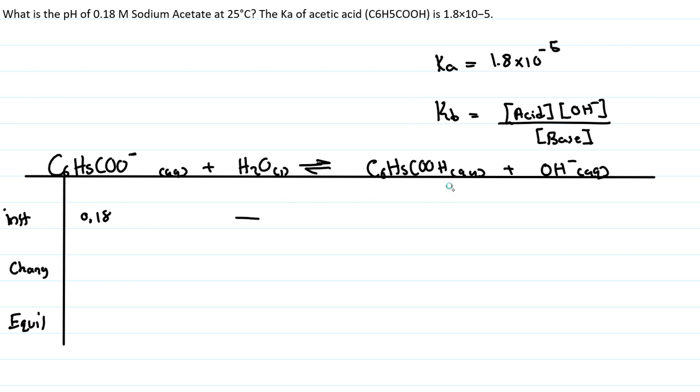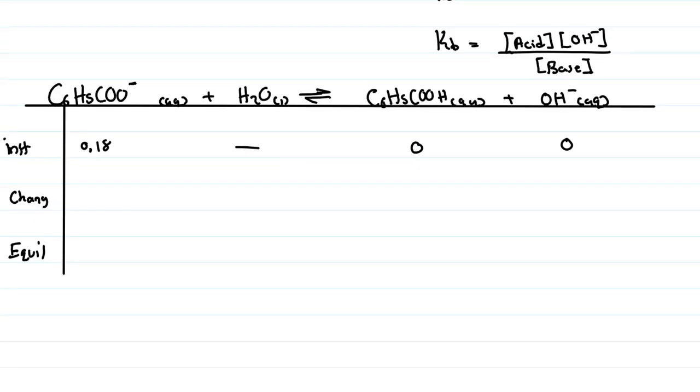Water is out, and we do not have the concentration of the acid yet, and the concentration of the hydroxide. Now we have the change. We don't know what that is, but we just label it X, and then we have positive X here and positive X here. So at equilibrium, that will be 0.18 minus X, and here we have X and X at equilibrium.